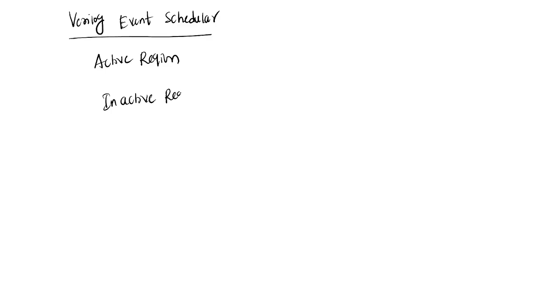In the Verilog Event Scheduler, you have the active region, the inactive region, and the NBA region.